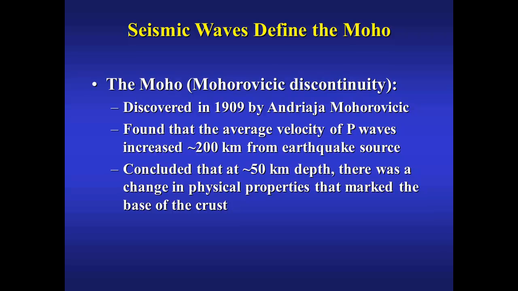And the conclusion was that at 50 kilometers depth, there was a change in the physical properties that marked the base of the crust. And the base of the crust, as a result, is now defined as the MOHO, which is abbreviated from the name of the actual discoverer. And I'm not about to make a fool out of myself and try to pronounce this name.